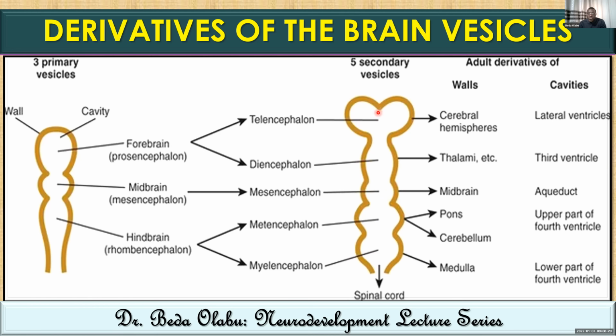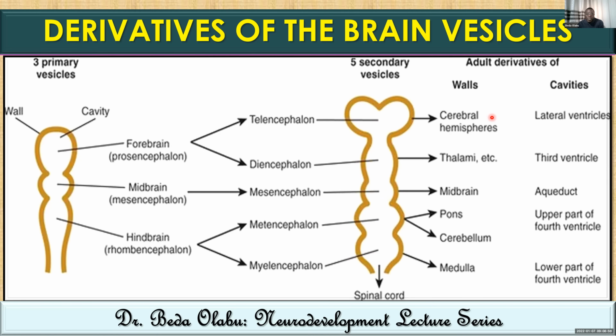When you talk of the wall of telencephalon giving you cerebral hemisphere, I want you to understand that that will involve the cerebral cortex, the white matter of the cerebrum, and even the basal ganglia. Structures of the limbic system are also there. So don't just think it's the cortex only. It's the cortex, yes, but we also have the white matter.